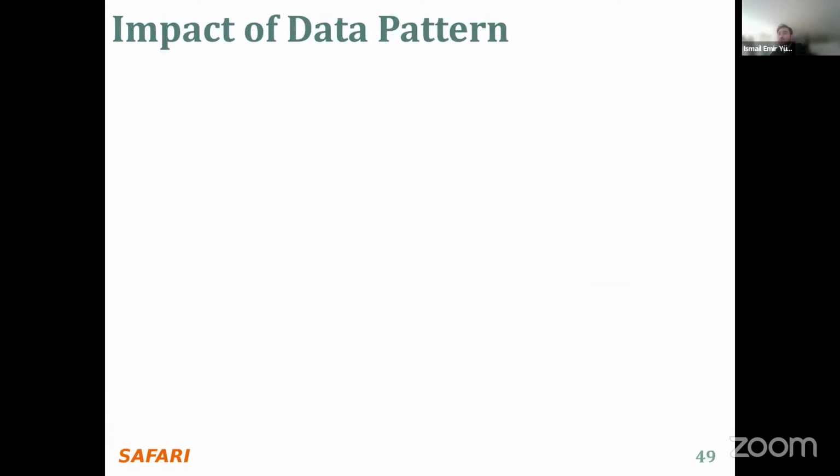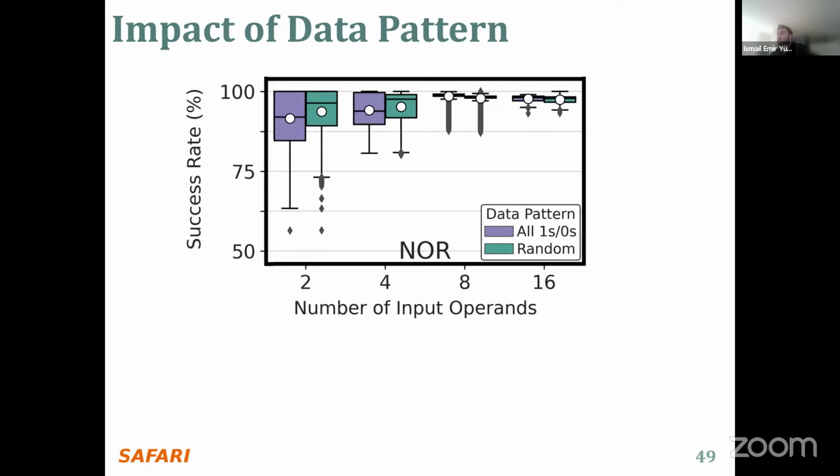And we also evaluate the impact of data pattern on those operations. So here we see just one operation, NOR, and we evaluate 2 data patterns, all ones or all zeros, or random, to understand if there is any bitline interference between cells when they have a random value instead of all ones or all zeros.